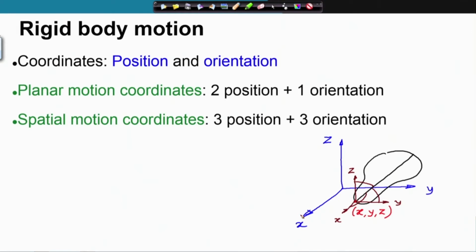By having these angles, let us say gamma x, gamma y, gamma z, I can fix the position of the body. So, x y z and gamma x, gamma y, gamma z will fix the position and orientation of the body in space. So, I require 6 coordinates for a body in space.